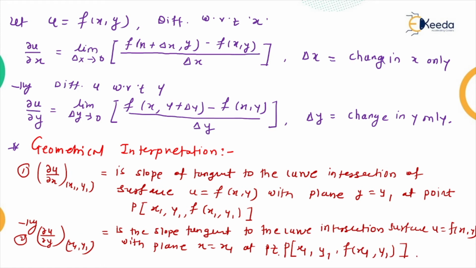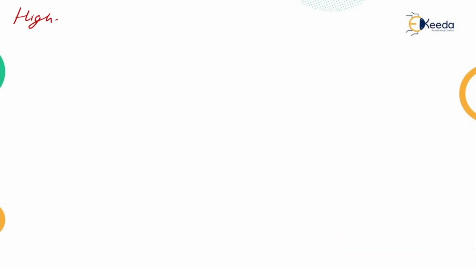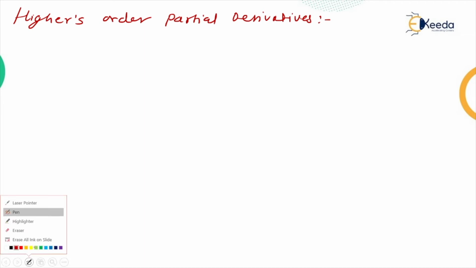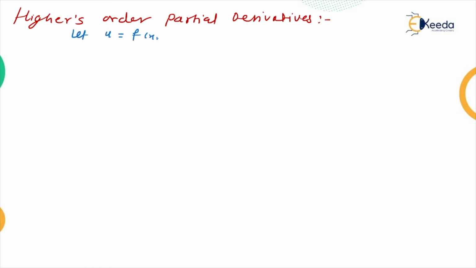Now let me start on how to take the higher order derivative. Higher order partial derivatives. You know that if your function contains two or more variables, we have to take the higher order derivative. Let u be a function of simply f of x, y.